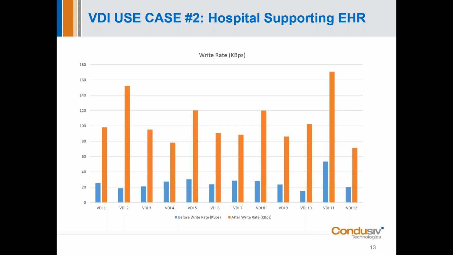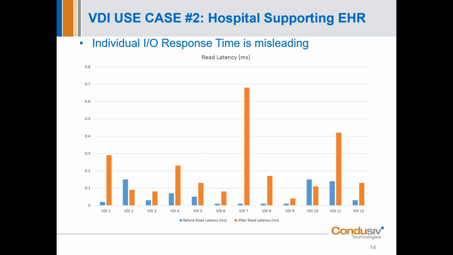So this goes to show the importance of the overall throughput of the data, and not over-focusing on the individual IO response time. On this slide, we can look at the read latency, and pretty much we've gotten the same kind of flow here. The individual read latency looks to have taken a little bit longer.